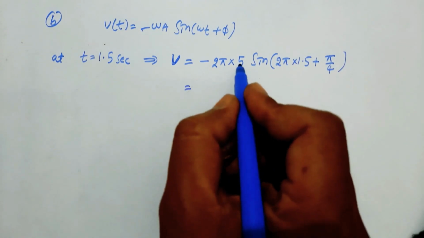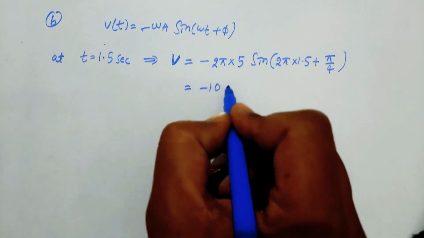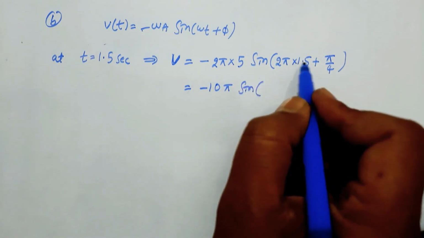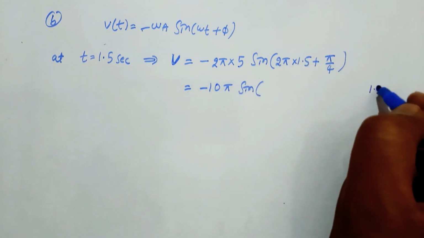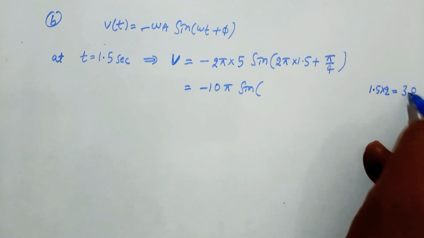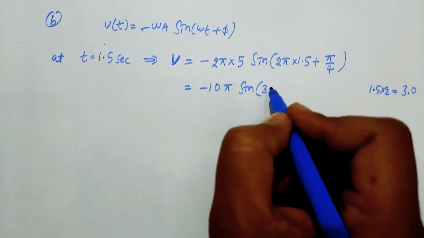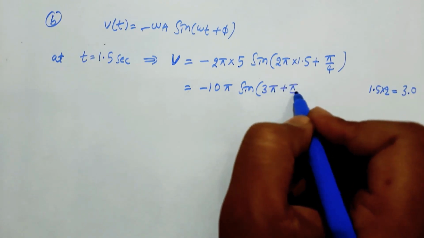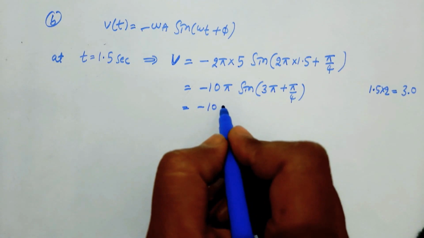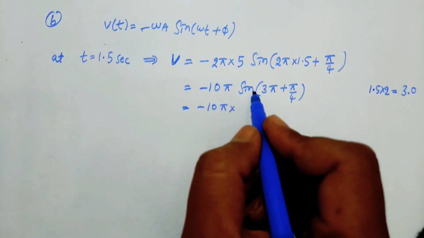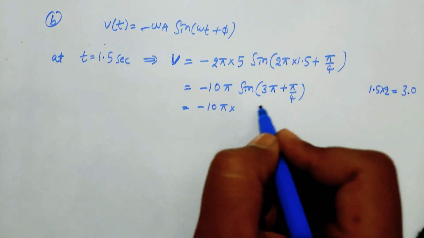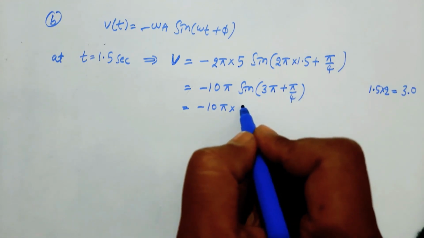So that is minus 10 pi into sin of 1.5 into 2, that is 3 pi, plus pi by 4. So that is minus 10 pi into sin of 3 pi plus pi by 4, which is minus sin pi by 4.